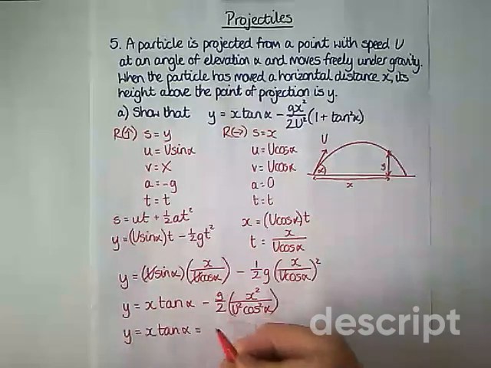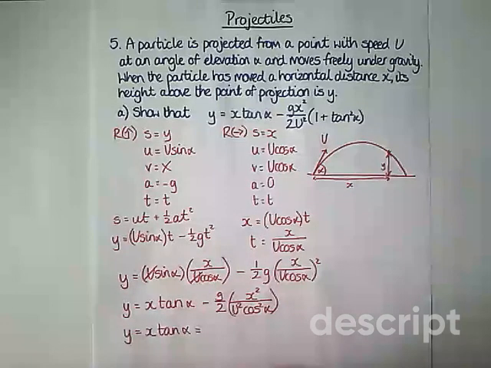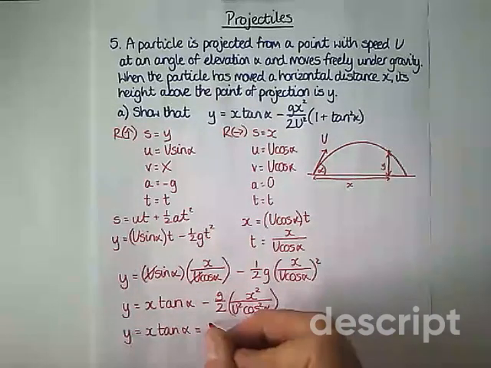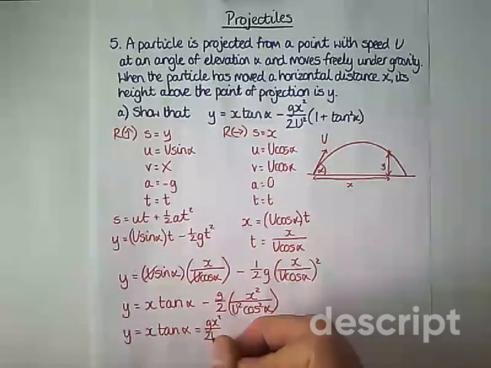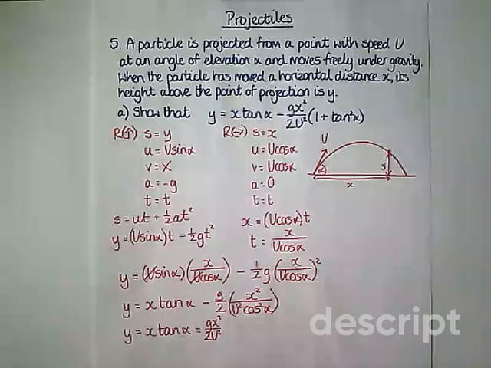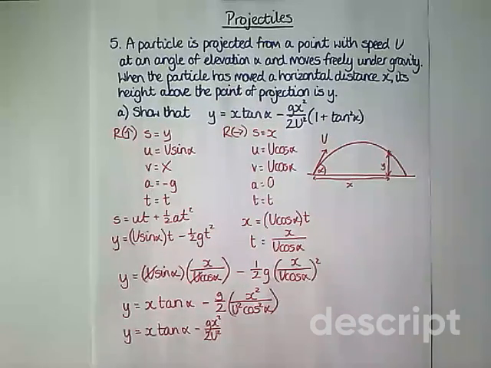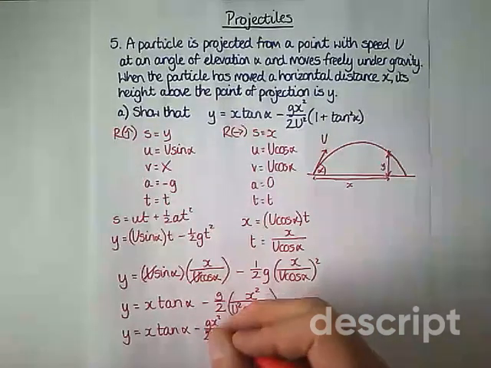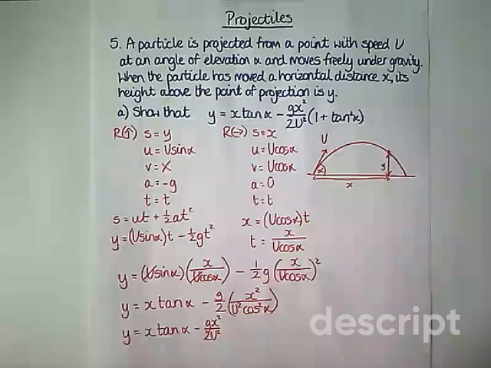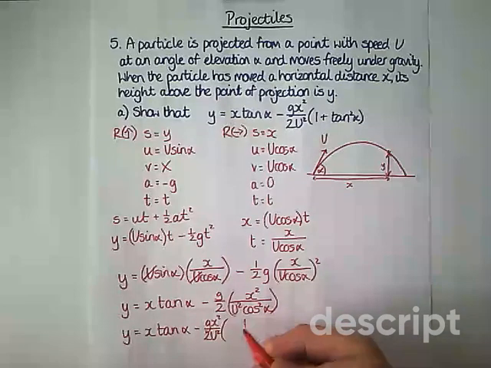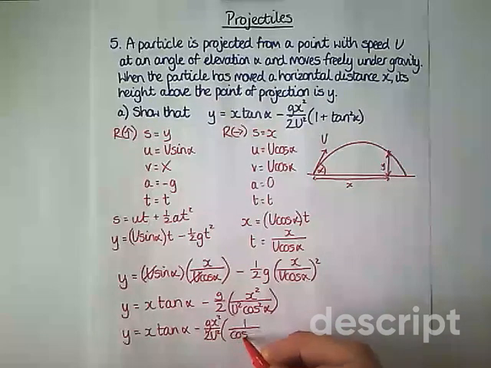That shouldn't be an equals, that's a minus. Okay, minus gx squared over 2u squared, times 1 over cos squared.